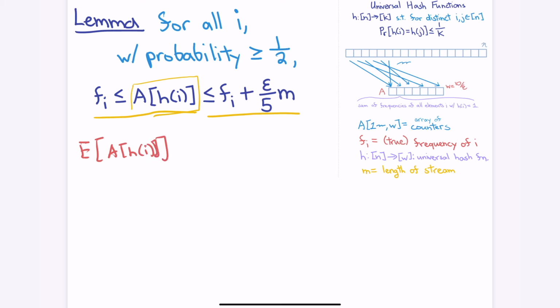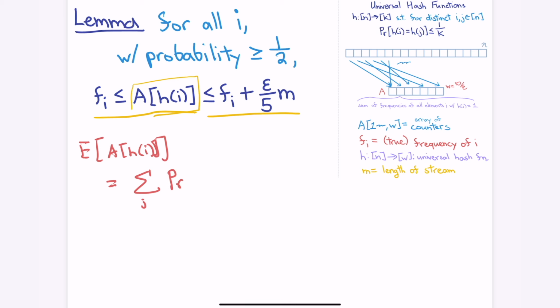Okay. All right. So how do I analyze expected value? Yeah, we can do linearity of expectation, like a sum over all keys j. I'm kind of skipping a step.